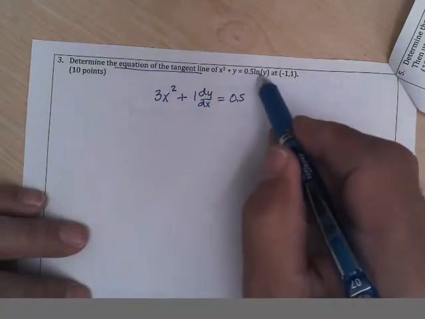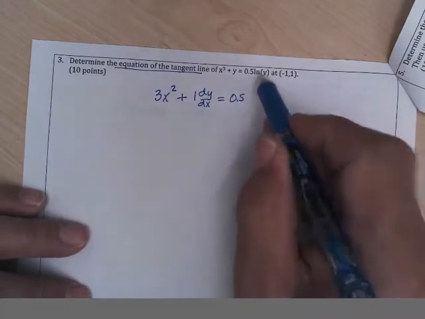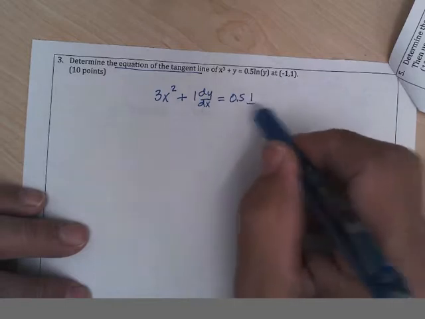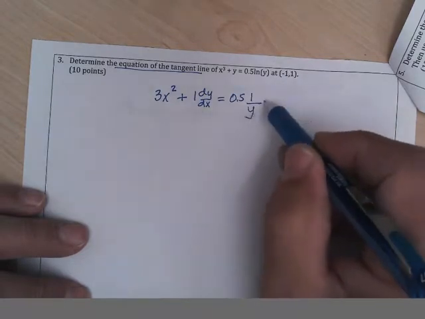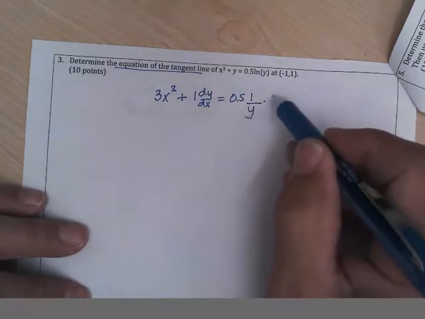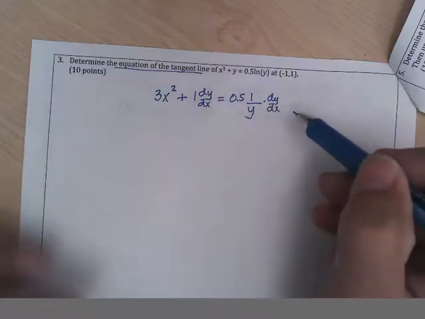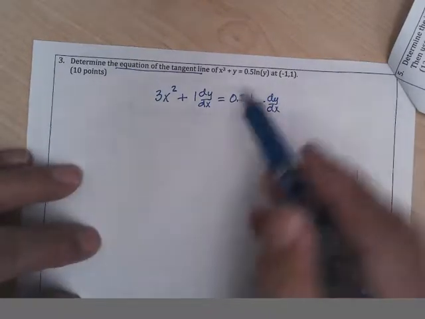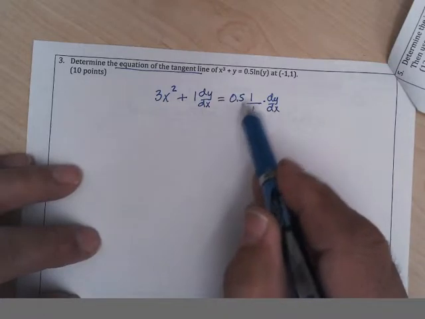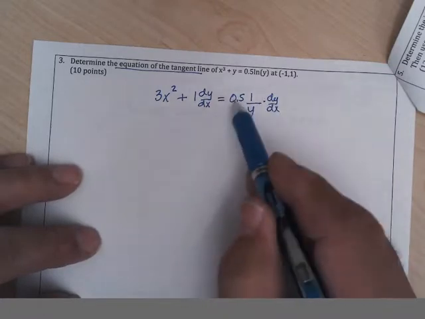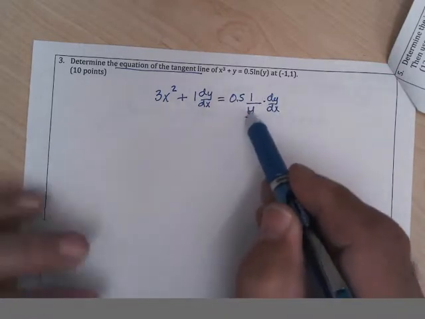0.5 derivative of ln y. Derivative of ln of anything is 1 over that stuff, times the derivative of the inside. Derivative of y is dy dx. 0.5 is 1/2, so this is 1 over 2y, or 0.5 over y, either way.